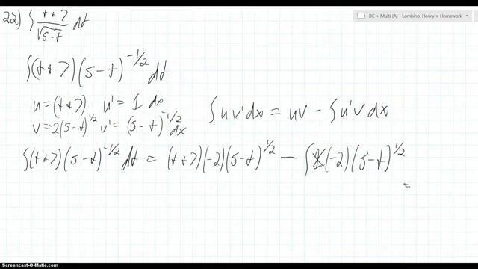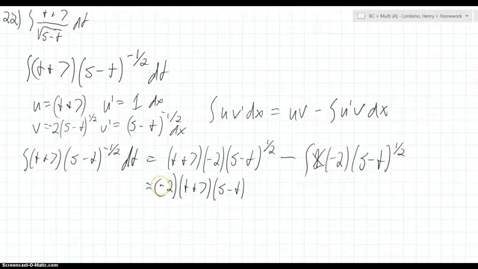Alright, so let's do that. I'm also going to pull this negative 2 out here, and that'll come in the next step. So 5 minus t to the 1/2. Sorry, I thought I had done something wrong, but I hadn't.